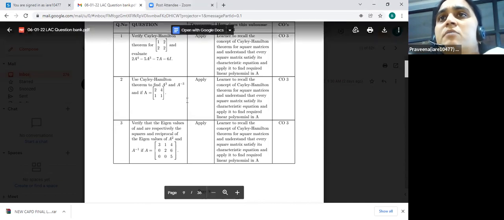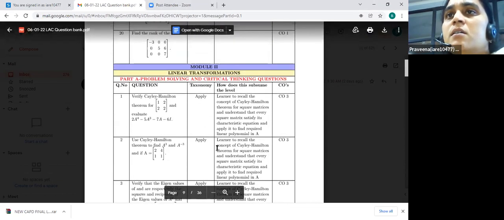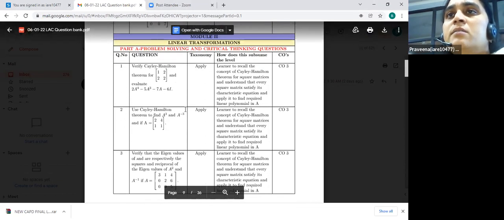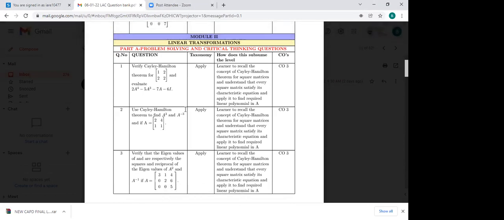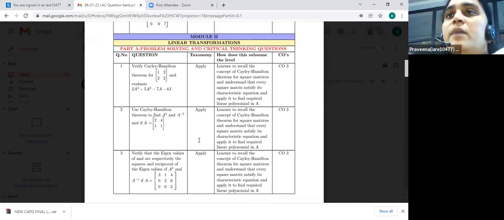Is it not finished yet? Once you give the confirmation of this. Right. Second question: use Cayley-Hamilton theorem to find A cube and A power minus 3. Any idea about finding A power minus 3? Anyone finished?